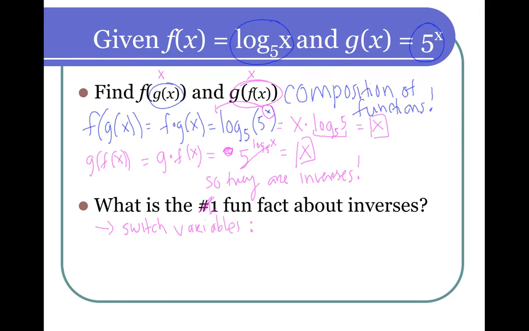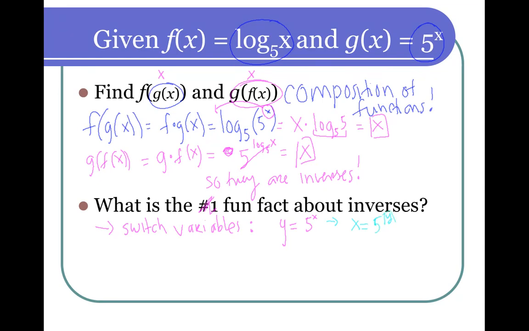So let's say I switch the variables. Let's say I took g of x. So I've got y equals 5 to the power of x, and then I switch x and y. So I've got x equals 5 to the power of y.